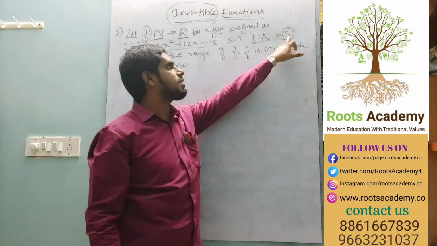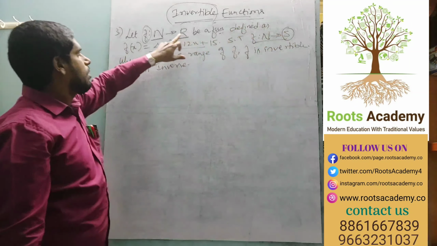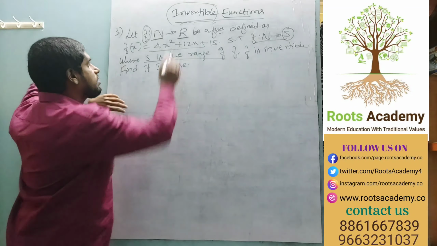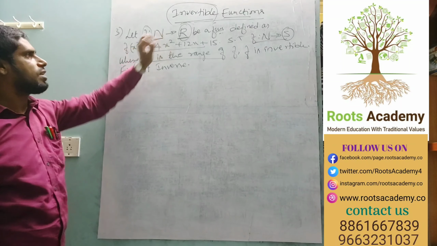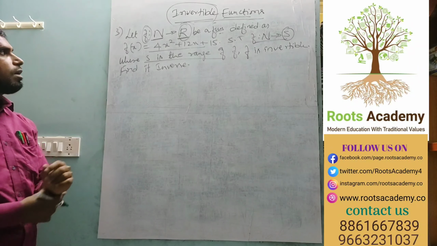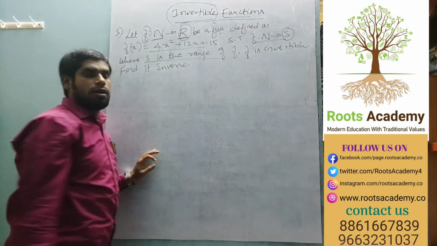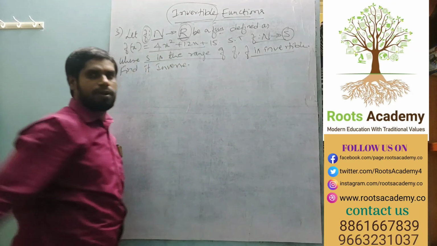Here S has some restrictions. S cannot be all real numbers, because what is declared? S is the range of this function. So S has some restriction. With this, we should prove that f is invertible.